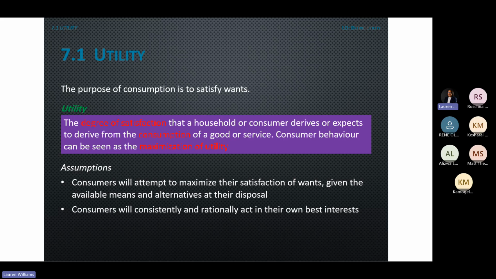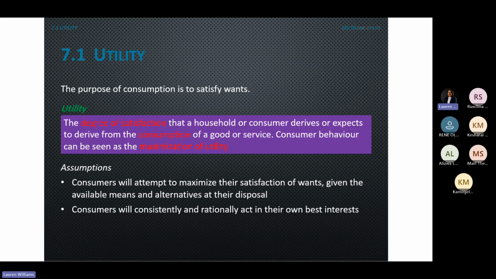And they're saying that consumers will act consistently and rationally in their own best interest, in that we will consistently make the same choices. We unfortunately are creatures of habit. Economics is a social science, so we're constantly looking at how consumers behave consistently and rationally.